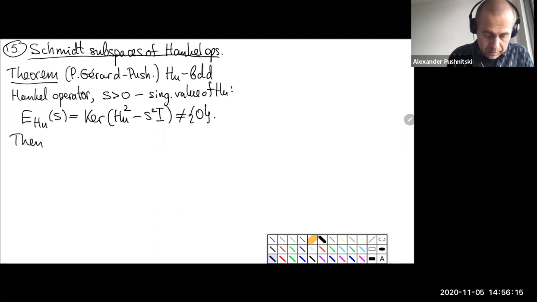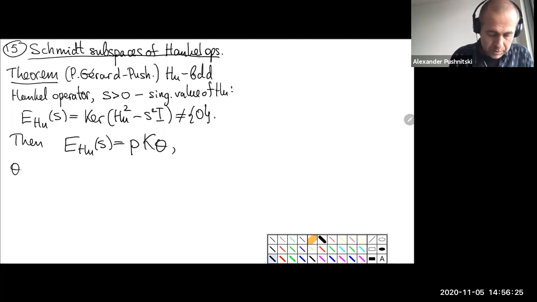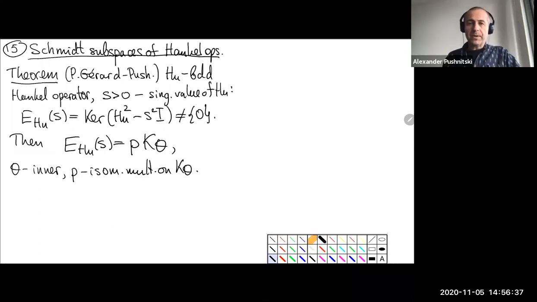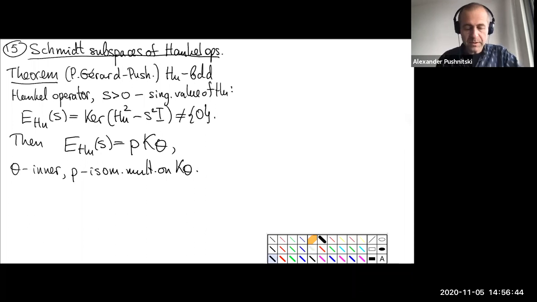Then the subspace can be represented as P K theta, where theta is inner, and P is an isometric multiplier on K theta. So they have the same form as Toeplitz eigenspaces.